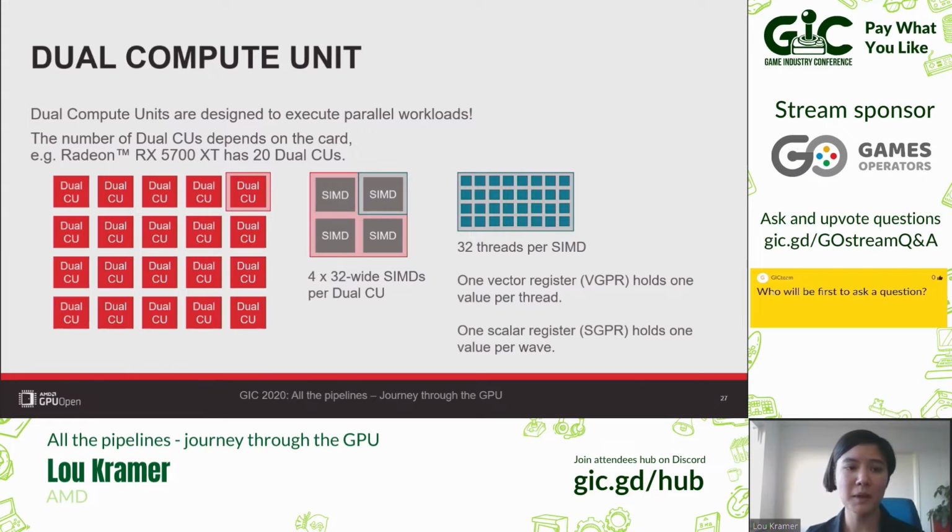And so on GPUs, you don't have a single dual compute unit, we have a lot of them. The amount depends on the card. So for the RX 5700 XT, we have, for example, 20 dual compute units. Maybe if you read some other sources, you will see it has 40 compute units. It's the equivalent to 20 dual compute units. Or if you look at the new cards, on Wednesday, we released our 6800 and 6800 XT.